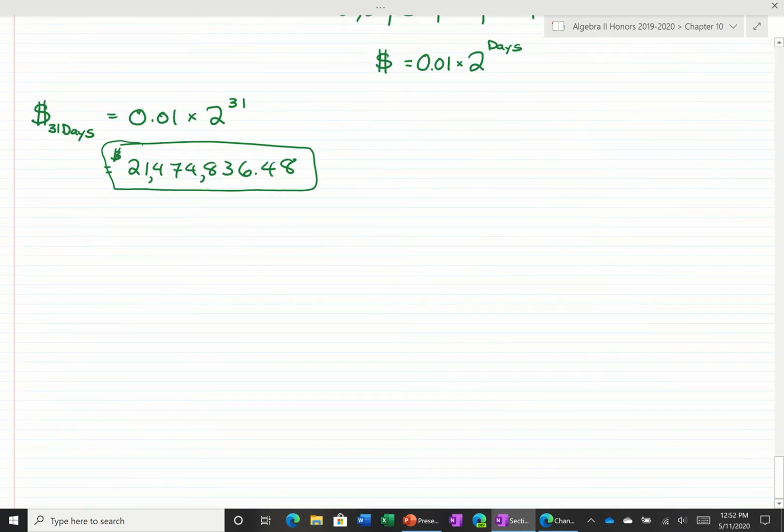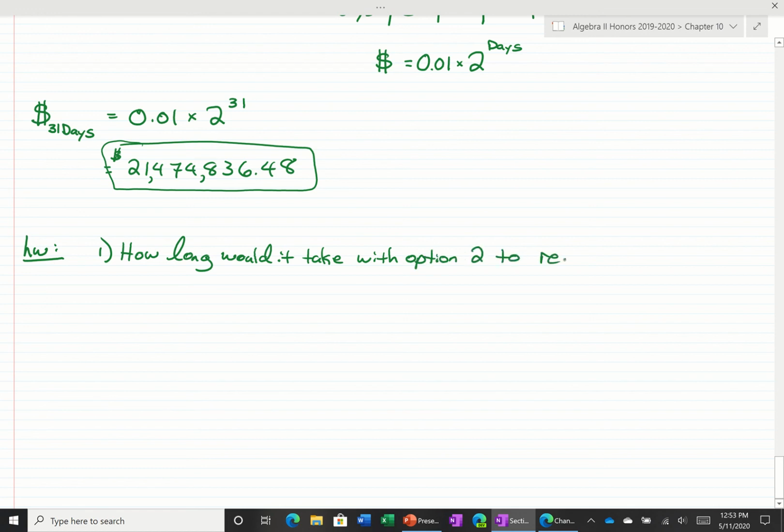Now, for homework, I'm going to ask you to do two problems. Problem number 1 is how long would it take with option 2 to reach $1 million, or another way to say this is, when is the break even?